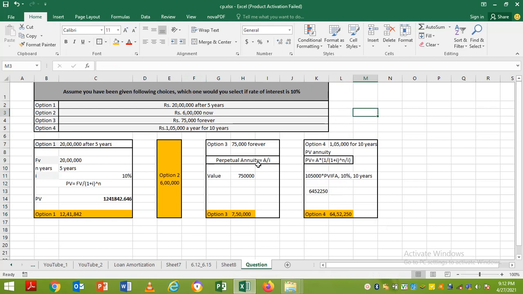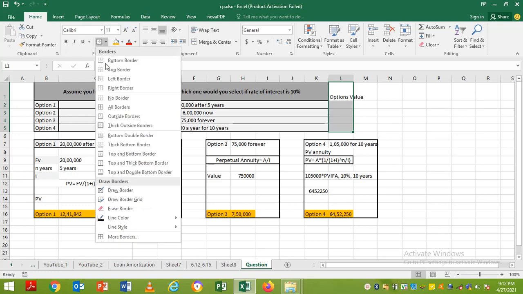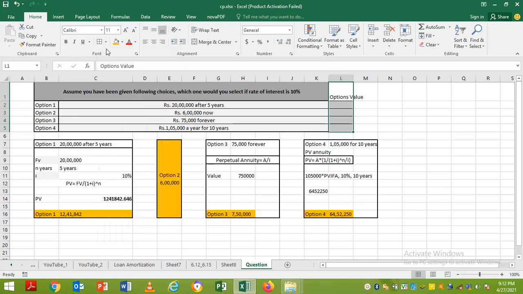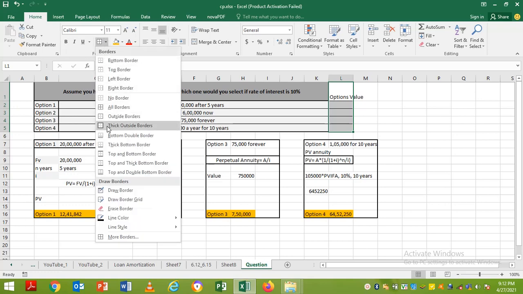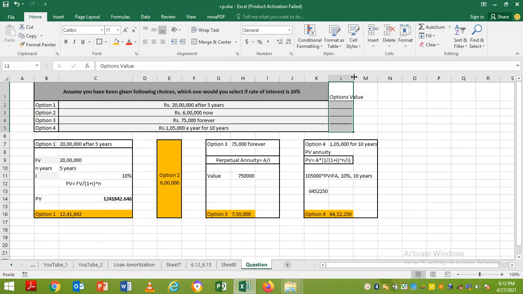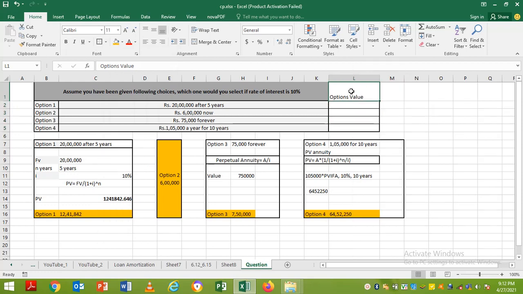By comparing all these four options, let us write the option values here and make a choice about which option is more desirable and gives us more benefit. In option 1, the answer by calculation is 12,41,842.